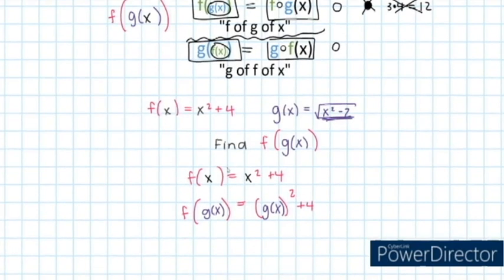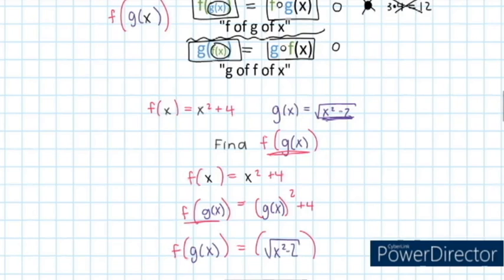Except actually, on this left side over here, I'm going to keep this written the way it is because this looks like composition function notation, so I'll leave the stuff on the left as it is. F of g of x. But on the right side, let's plug in the expression for g of x. So g of x is equal to the square root of x squared minus 2, oops, not 4, 2. And that's being squared. So this is g of x being squared plus 4.